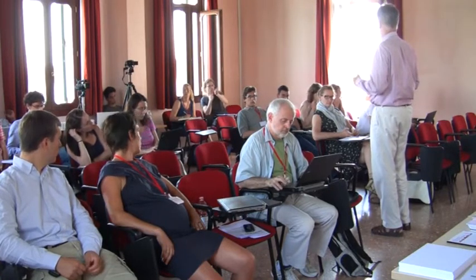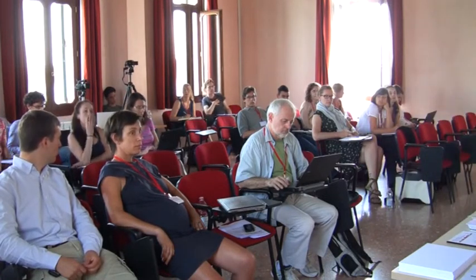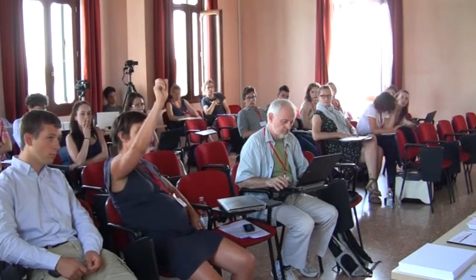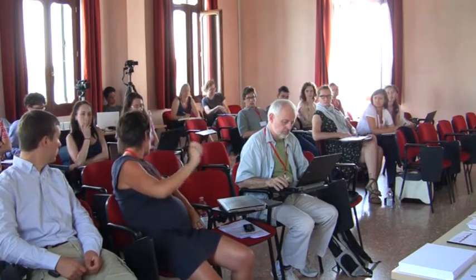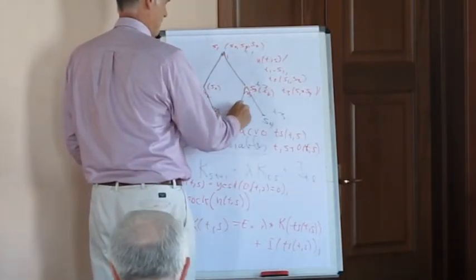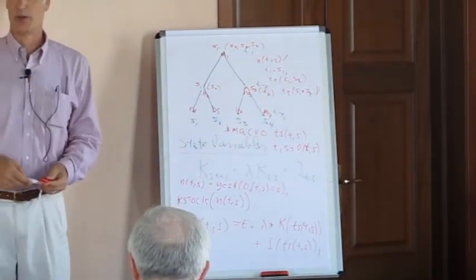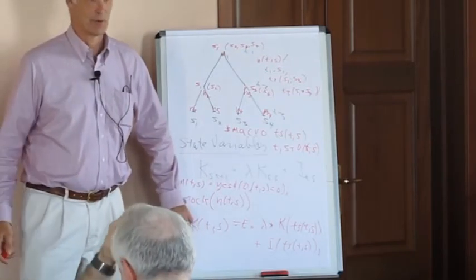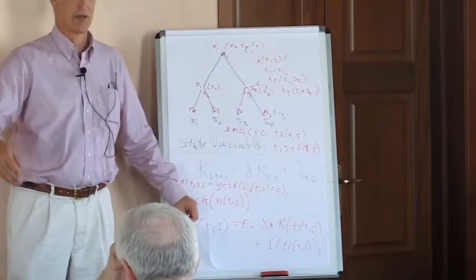Maybe let's call them node 1,1, node 2,1, 2,2, node 3,1, 3,2, 3,3, 3,4. The other way to do it, described in the student's paper, is to put a node system on it, and then you have to keep track of what node corresponds to what scenarios. Some people like doing it that way. And Yves decided to hedge his bets, and he has code for doing it both ways.